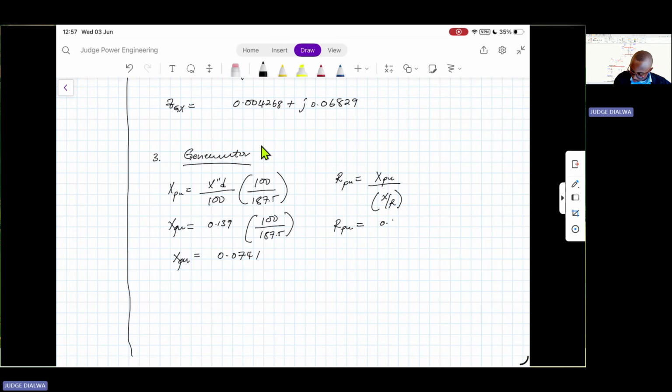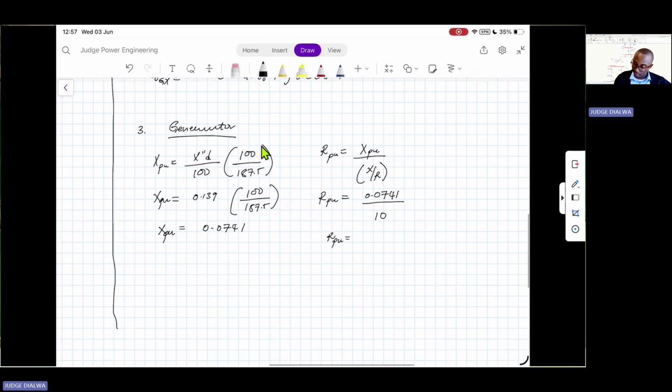That will be 0.0741 divided by 10, and that will be 0.00741. Therefore, the per unit impedance of our generator will then be represented as 0.00741 plus j 0.0741.